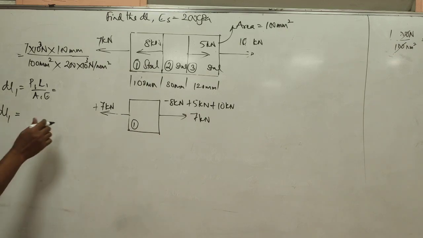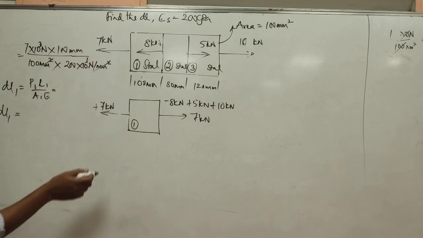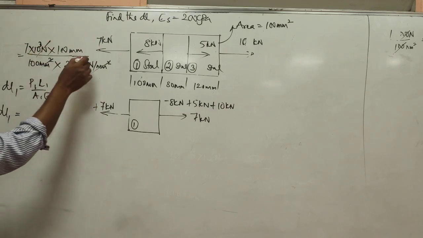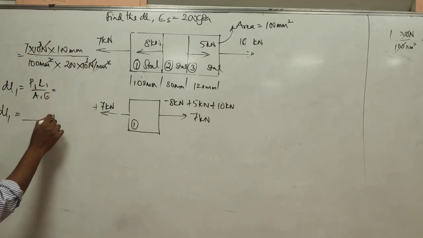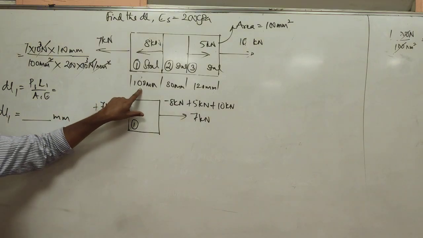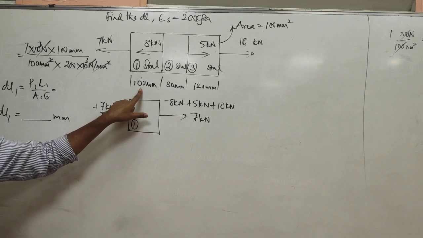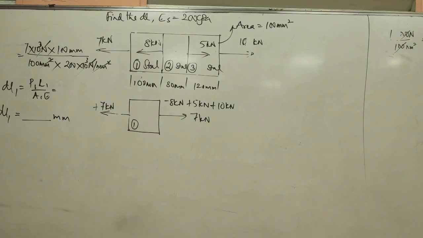You get some answer here. You cancel out this mm square, and you cancel out this newton. What is left is actually mm. So what is the answer? 35 mm? 35 mm is large. 35 mm would mean that for every 100 mm, it is elongating by 35%. It should be 0.035.